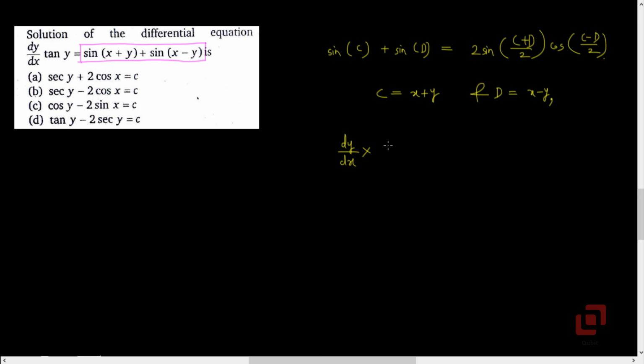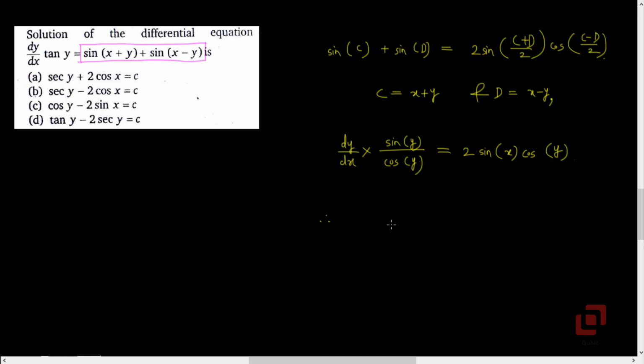Let us write tan y as sine of y upon cos of y, equal to 2 sine of c plus d by 2. If you add c and d, you will get 2x. 2x upon 2 will be x. Cos of c minus d by 2: c minus d will be 2y, 2y by 2 is y.